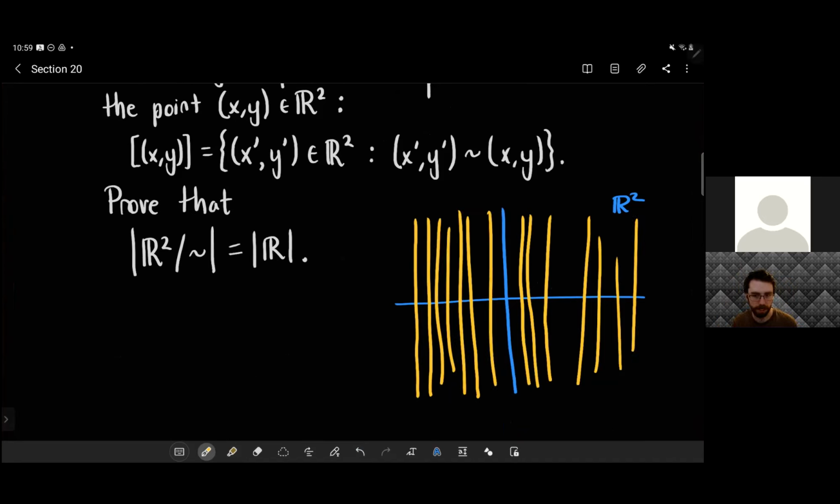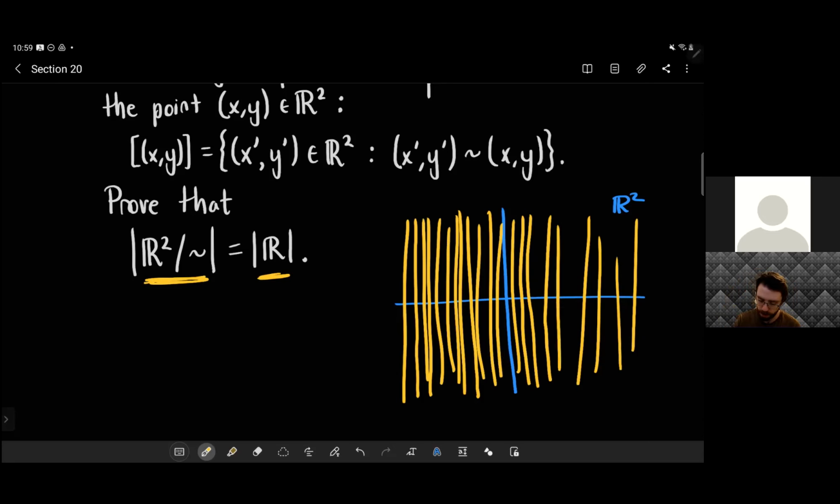And so the claim is the number of equivalence classes, so vertical bars meaning cardinality, is equal to the number of real numbers, which should feel intuitive once I've drawn this picture. For every vertical line I'm drawing, there's exactly one real number on the x-axis corresponding to it.